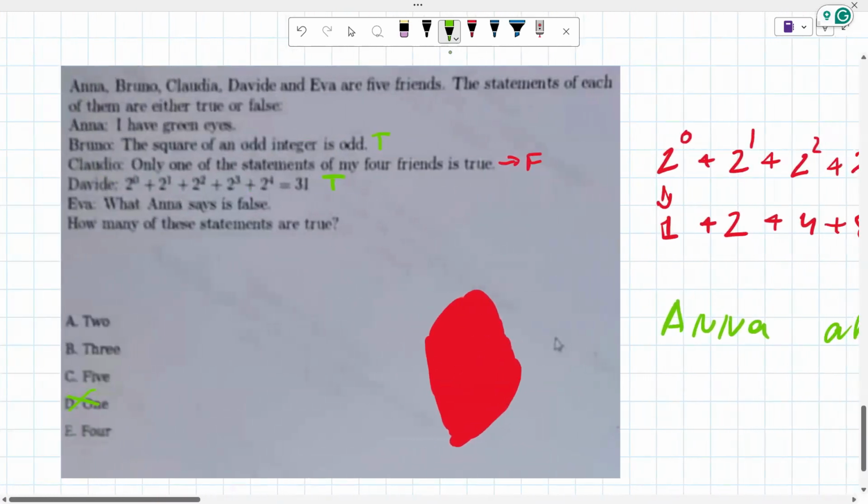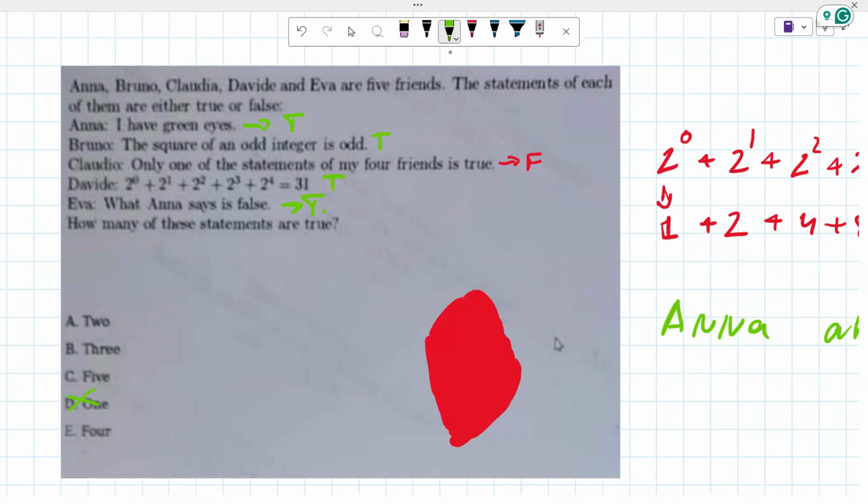Let's assume that Anna is telling the truth, she says I have green eyes, and this is true. Then we go back to Eva. Eva says what Anna says is false. Let's assume that Eva is truthful. If this is true, then Anna lies, but Anna is already telling the truth, right?